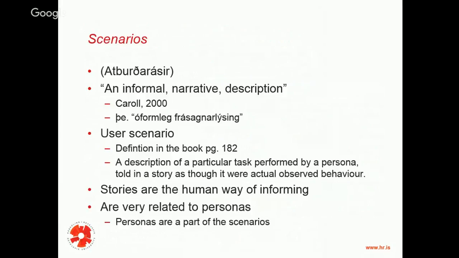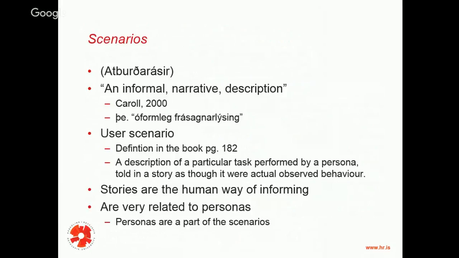It's an informal narrative description. It's actually a story. This definition is from the book Rapid Contextual Design. It's a description of a particular task performed by a persona told in a story as though it were actually observed behavior. So you're trying to tell how this persona is reacting.